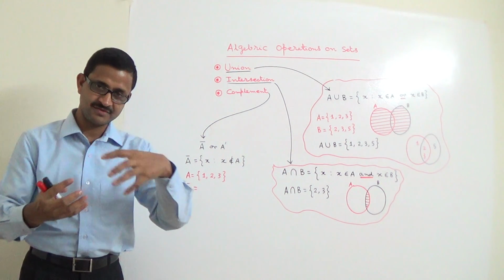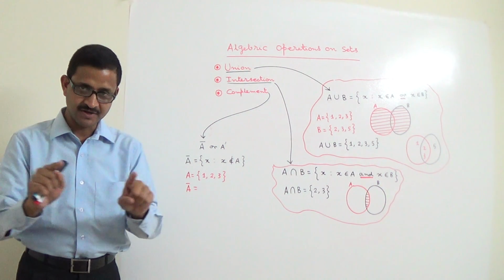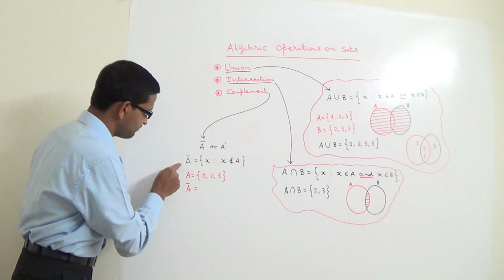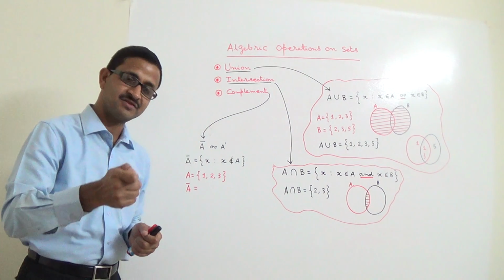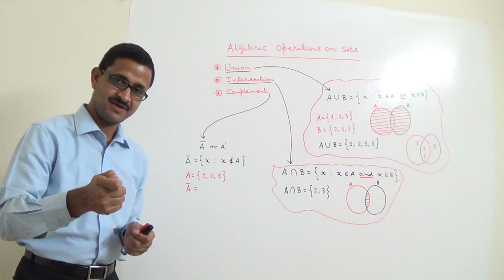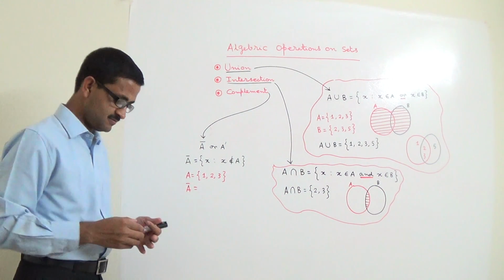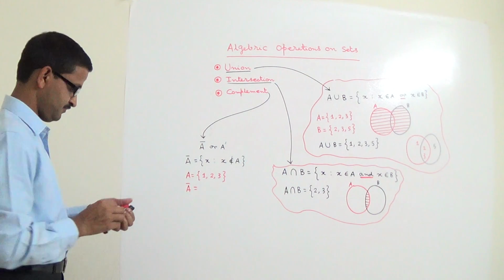All the other sets are in circular form, but the universal set in a rectangle. So the moment complement comes into the picture, we need to define what is the universal set with respect to the set A.